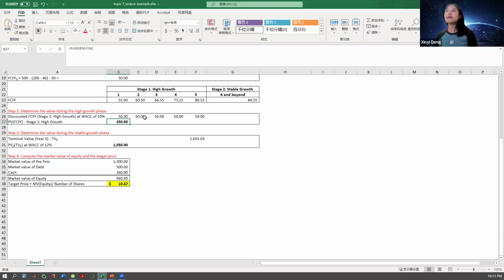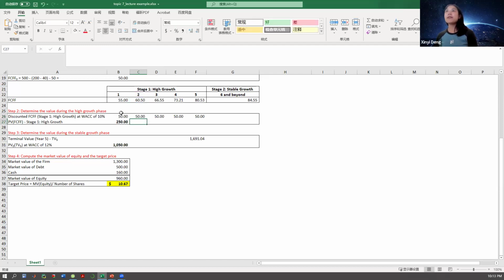And we just do the same for the remaining years. So for each year, we use the forecasted value divided by 1 plus the WACC raised to the year that the cash flow occurs. So that's why we take the power of 2 here for year 2.